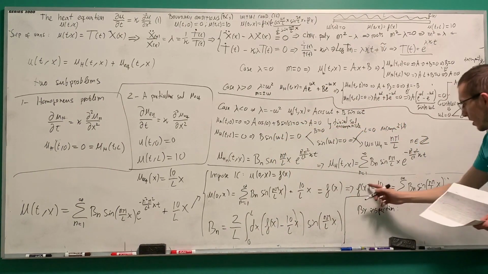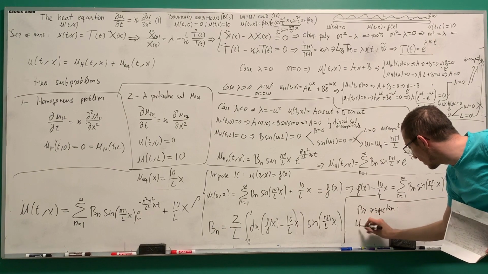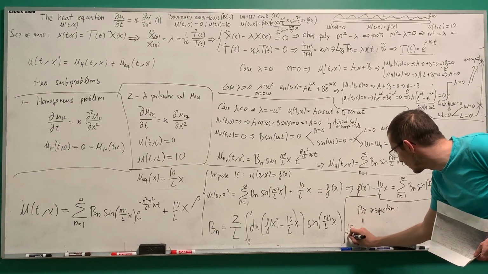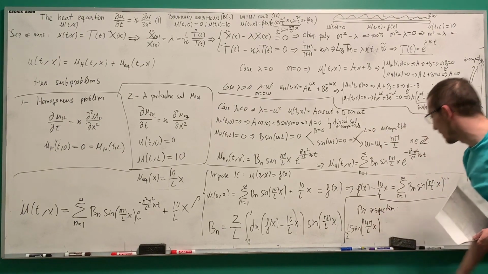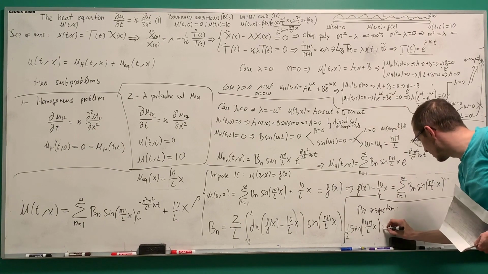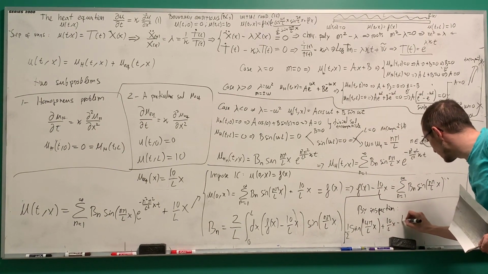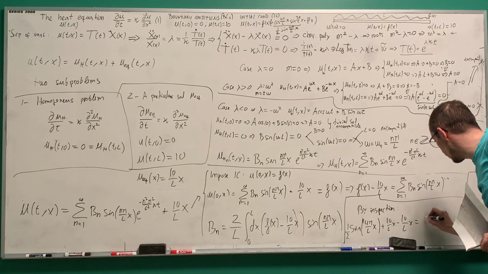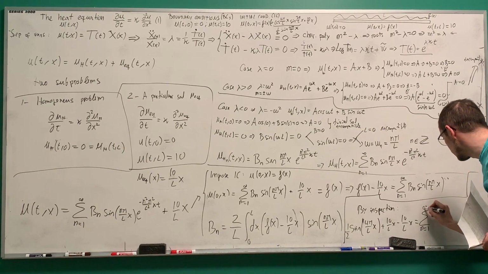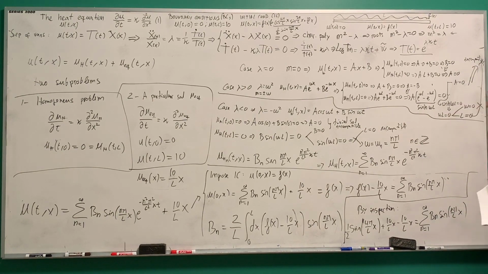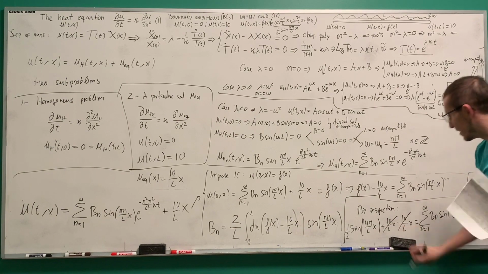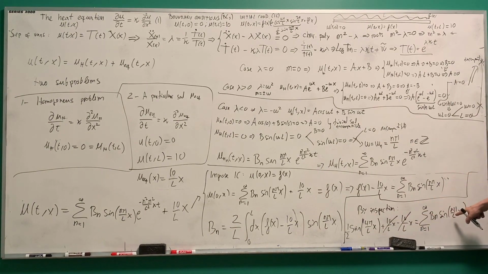So by inspection, we got here this 1/2 of the sine of 4 pi over L x, plus 10 over L x minus 10 over L x equals this sum. And then we see this cancels, and by inspection, the only term in this sum that survives is n equals 4 because that has a sine of 4 pi over L. No other term has the 4 pi over L.